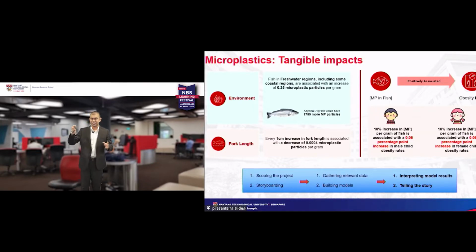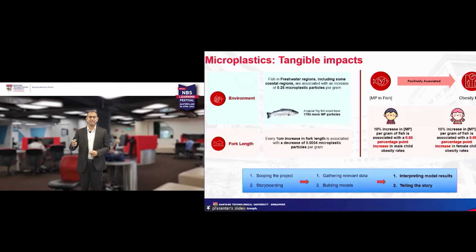Right, but then again, so what? We've identified what causes fish to have these higher microplastic concentrations, but how does this affect us? And after considering a variety of medical issues and diseases that have been associated and attributed to microplastics, we decided to look at obesity.